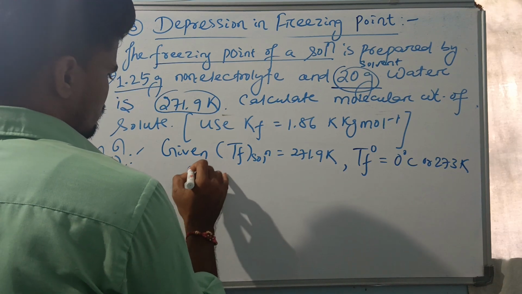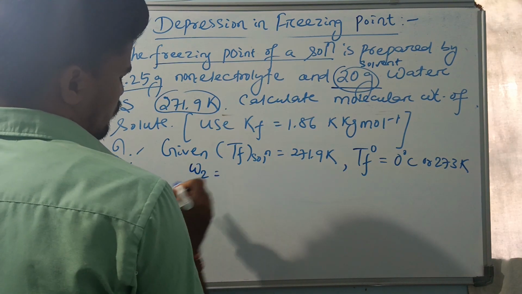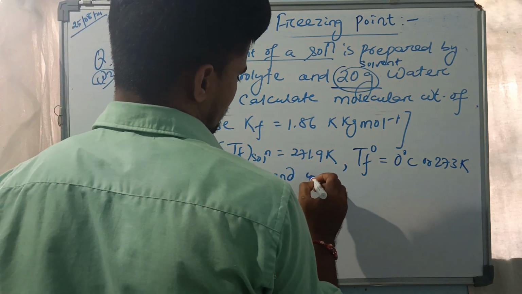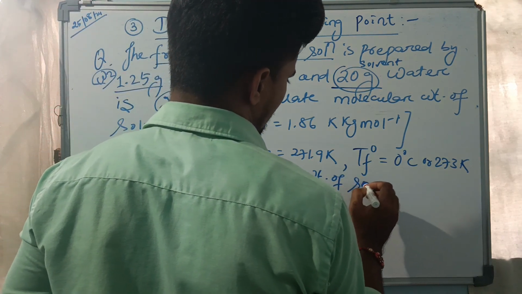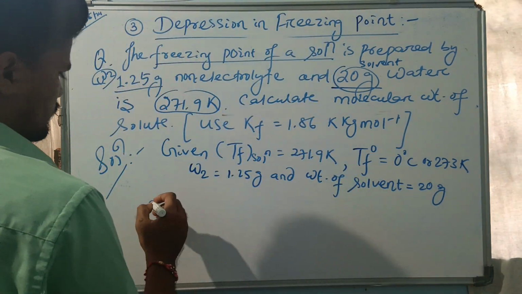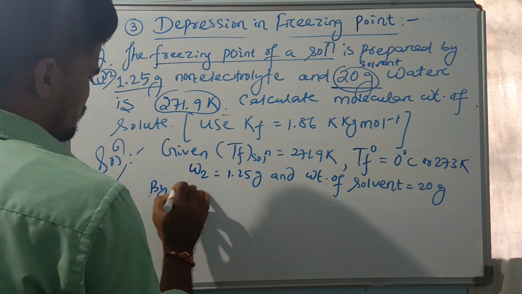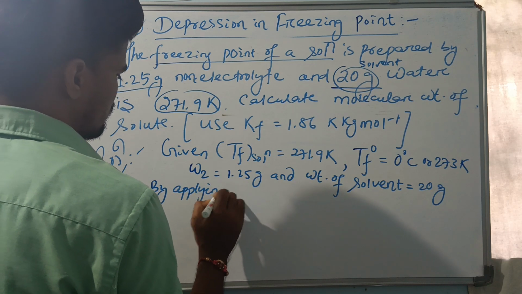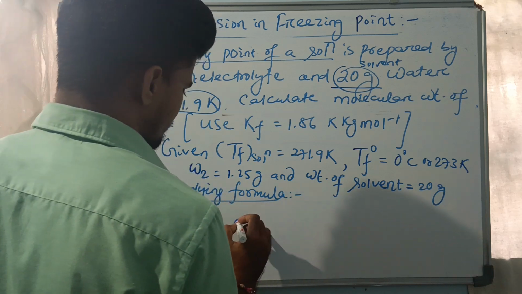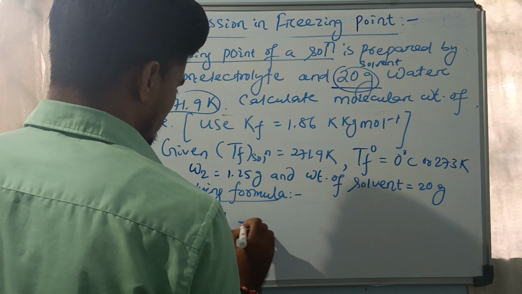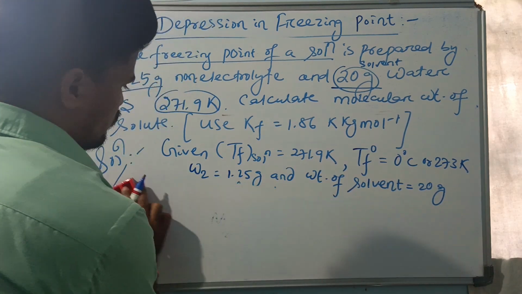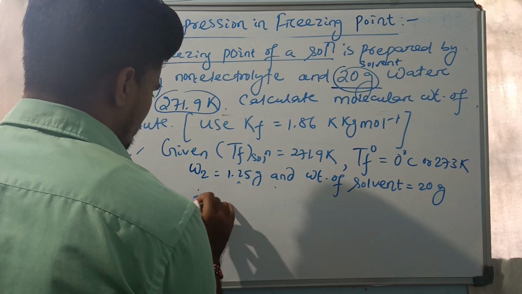Again, the weight of solute is given, 1.25 gram, and the weight of solvent is 20 gram. By applying the formula for M2, we can calculate delta Tf.